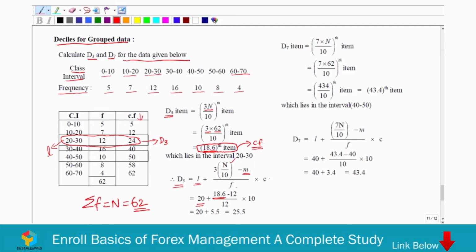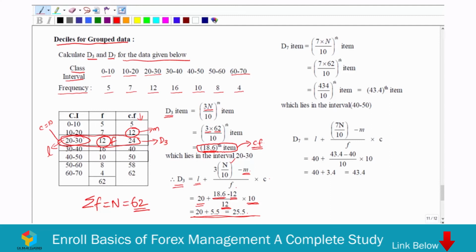M is the cumulative frequency above your D3 class, which is 12, divided by f. F represents the corresponding frequency, which is 12, multiplied by c. C is the width of your class interval; for 20 to 30, the difference is 10. If you do this calculation, you get D3 as 25.5.